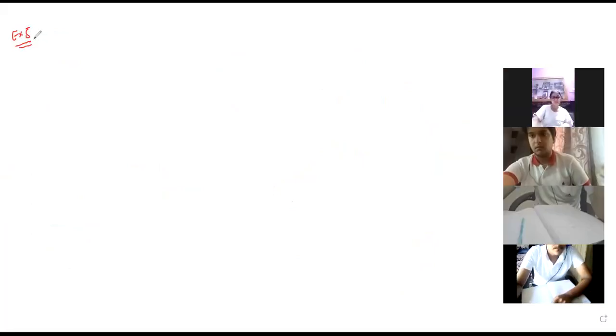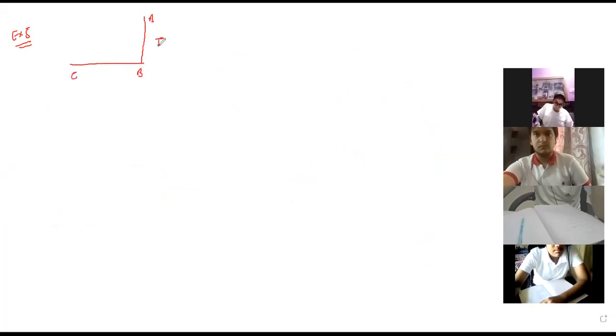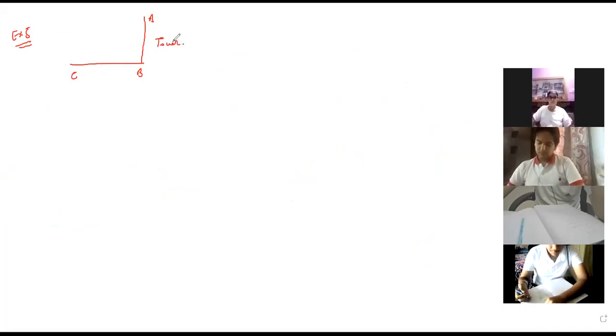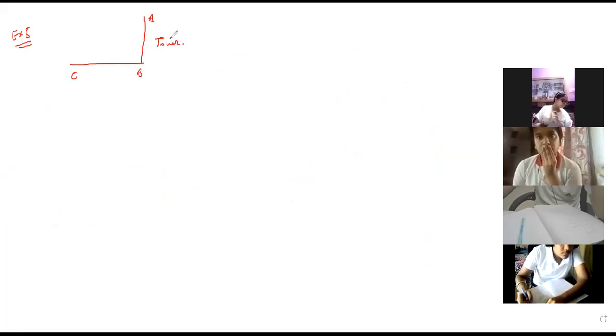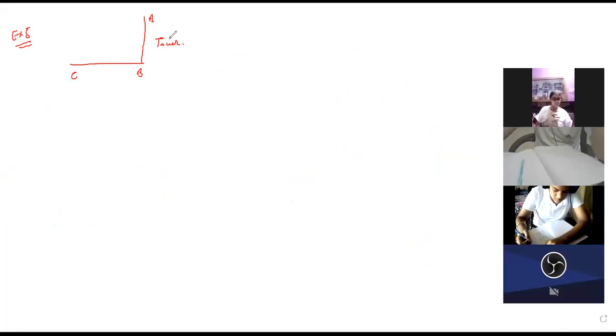The shadow of a tower standing on the level ground. Now see, this is the ground, this is a tower. Its shadow on the ground is found to be 40 meters longer when the sun's altitude is 30 than when it was 60.